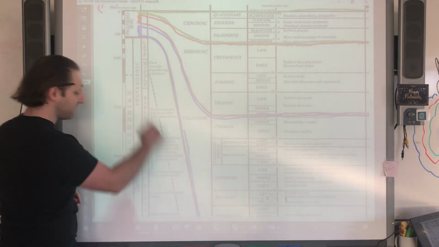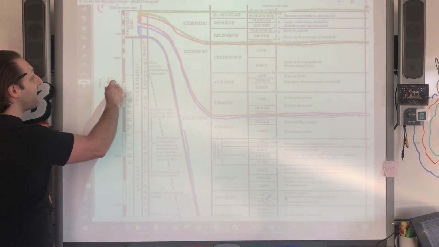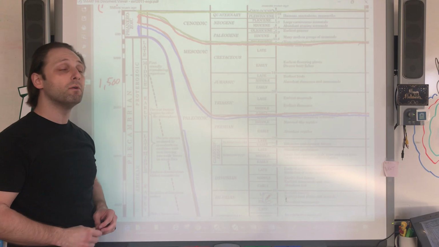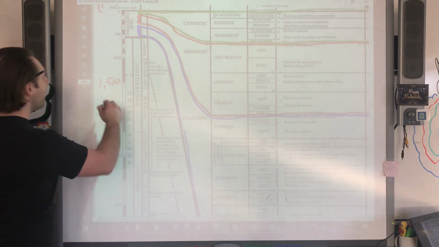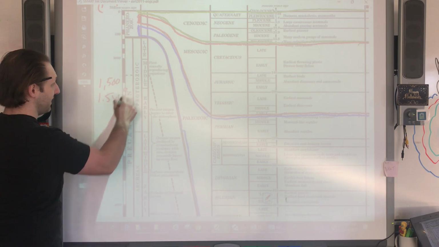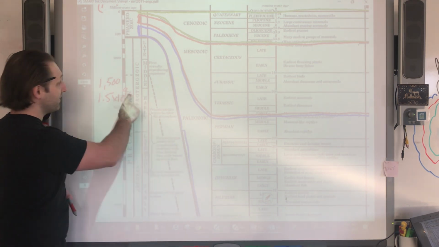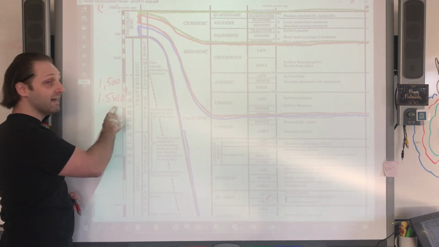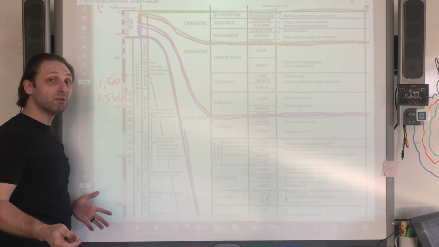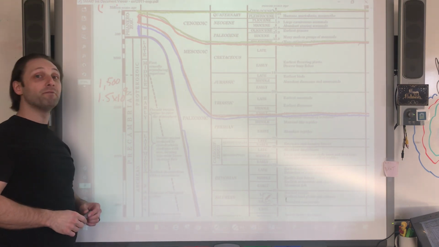And that 1 break in the scale is going to be halfway. So it's the same as saying 1,500 million years ago, also known as 1.5 times 10 to the 9th. If you don't remember how to do that, that exponent is going to move this decimal over 9 times. Then you're going to get a nice number called 1,500,000,000, also known as 1.5 billion.